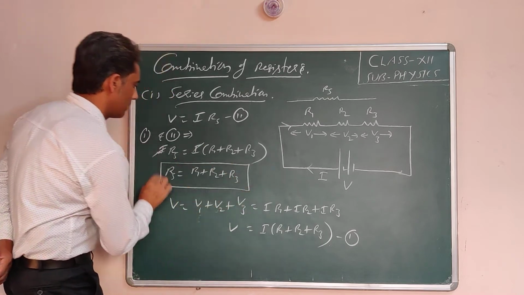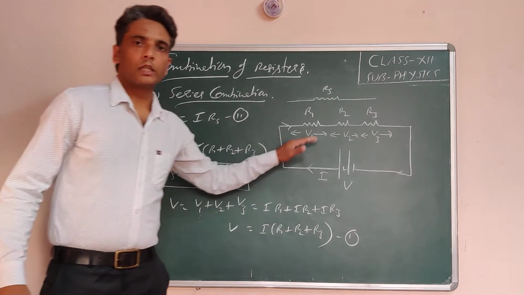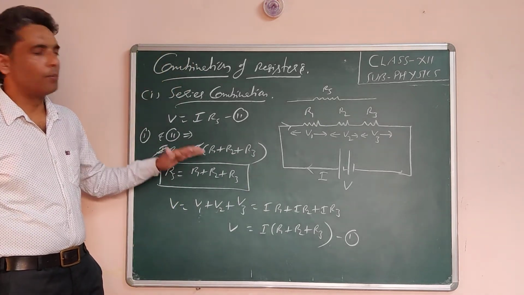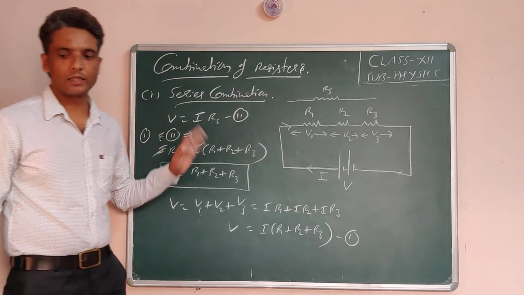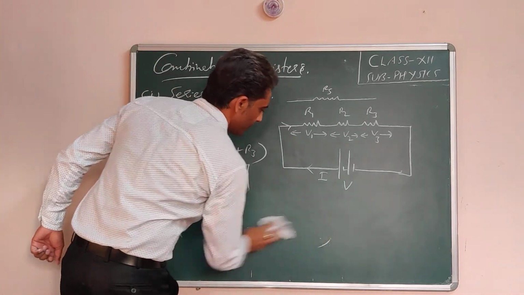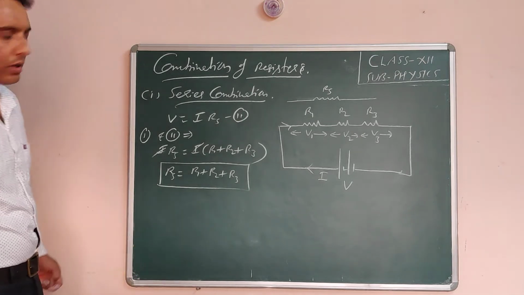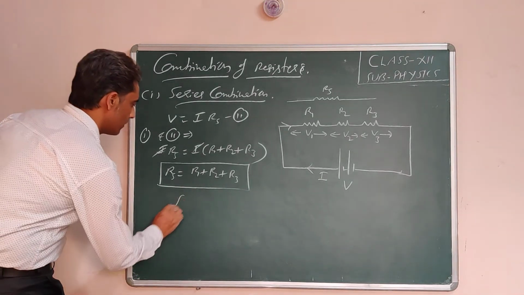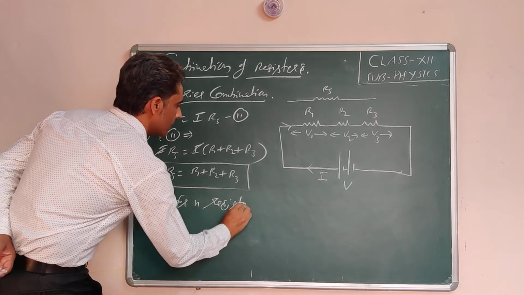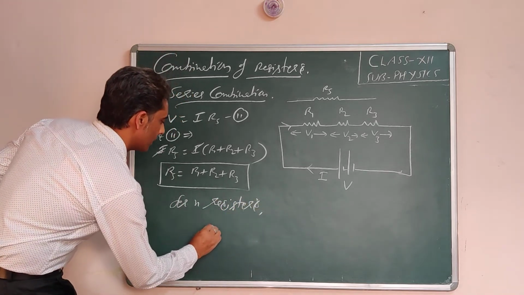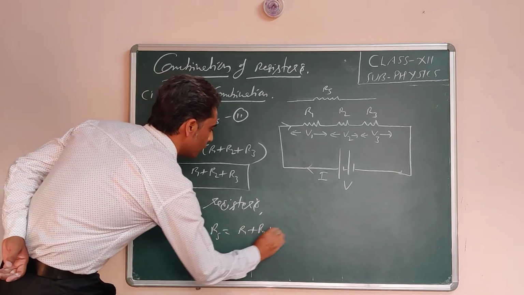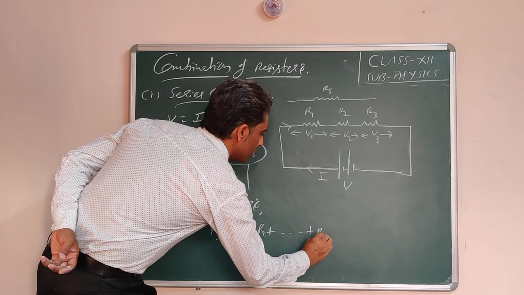So when resistors are connected in series, their equivalent resistance is equal to the sum of the individual resistances. This is for three resistors. Similarly, we can write the general result for n resistors: Rs is equal to R1 plus R2 plus so on up to Rn.